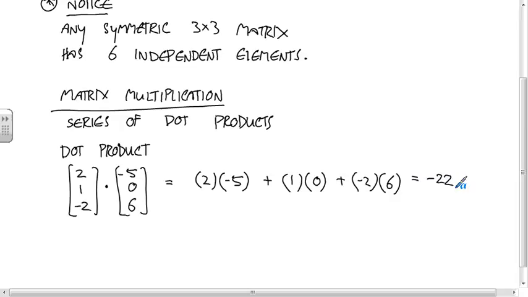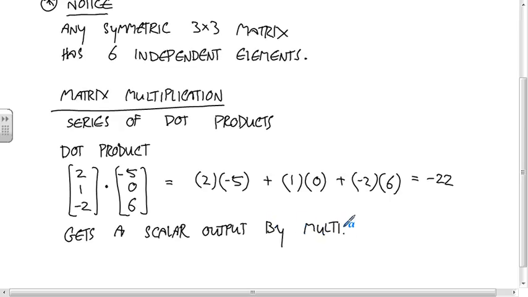So a dot product gets a scalar output by multiplying two vectors.